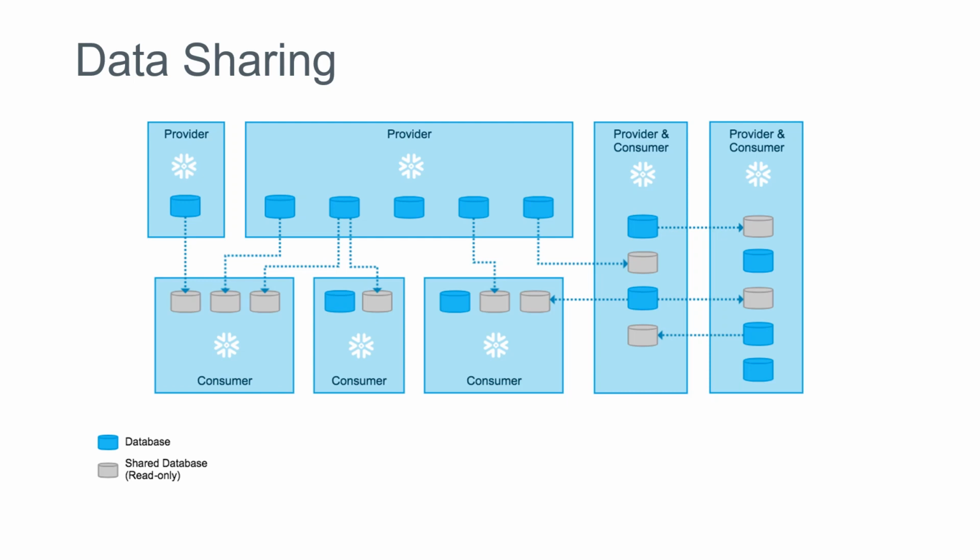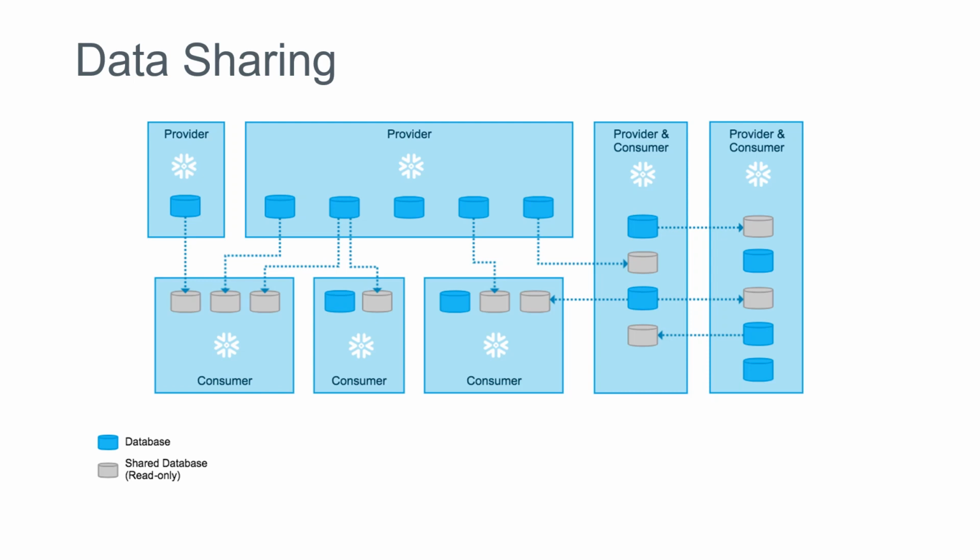So he is the provider. That means he is sharing the data with another consumer. If you see this box down here, he is a consumer. So he is a provider sharing the data with a consumer. You can say these blue boxes are databases of providers, and these pink boxes are shared databases in the consumer accounts.